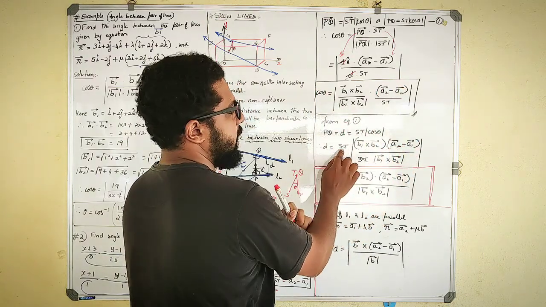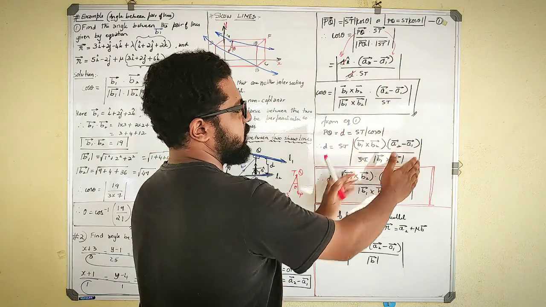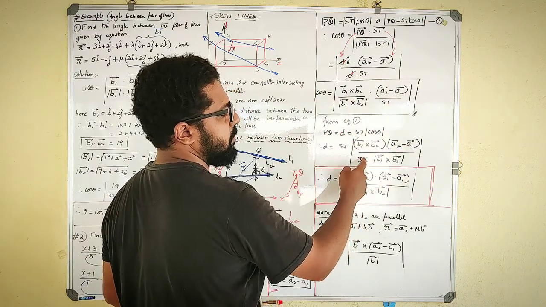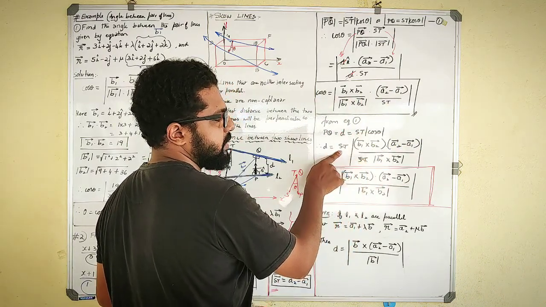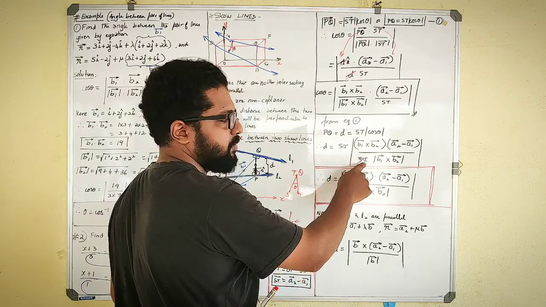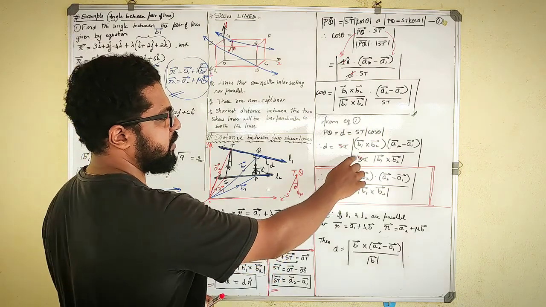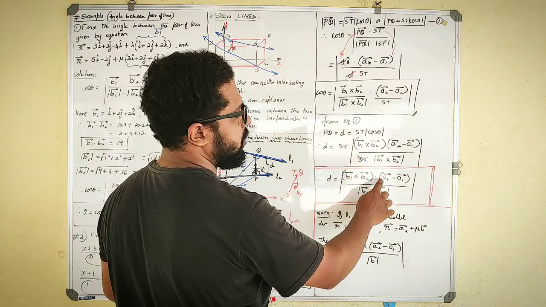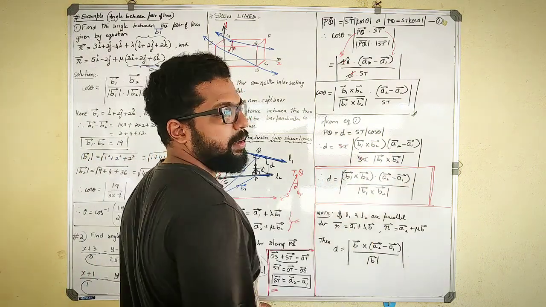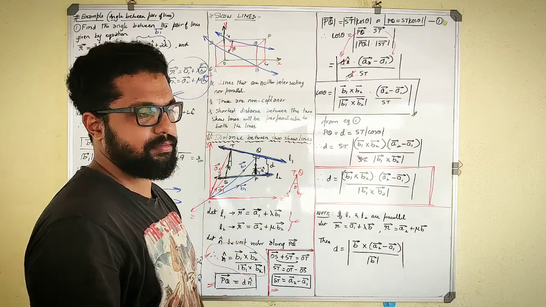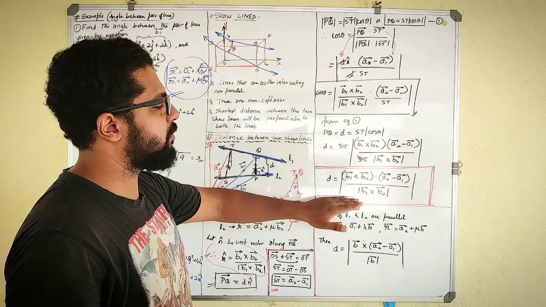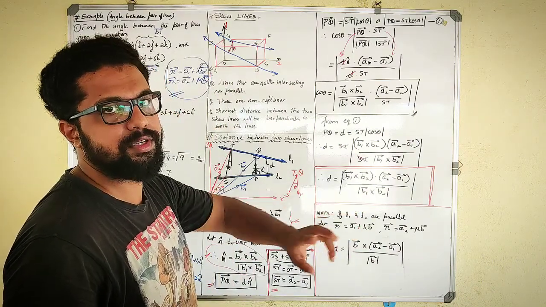ST will remain out, and ST in the denominator will cancel it. The last thing remaining is B1 cross B2 dot A2 minus A1 divided by magnitude of B1 cross B2. Clear? This is the formula to find the shortest distance between two skew lines.